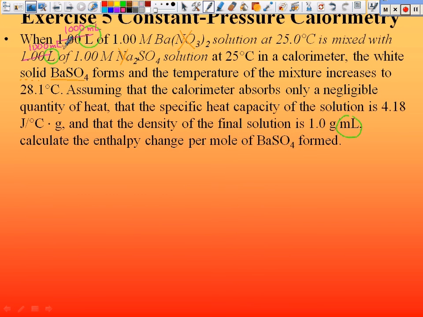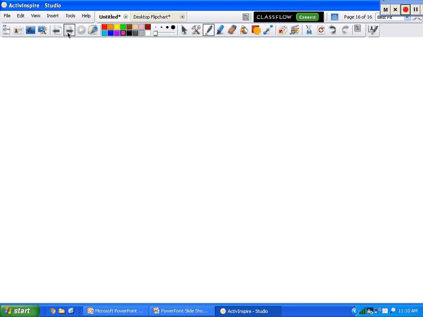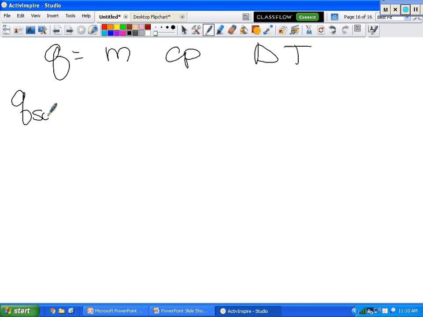So let's come over here and look at what's going on. We've got Q equals m Cp delta T. Now, remember, we're solving for Q of the solution. The Cp was 4.18 joules per gram degree Celsius.